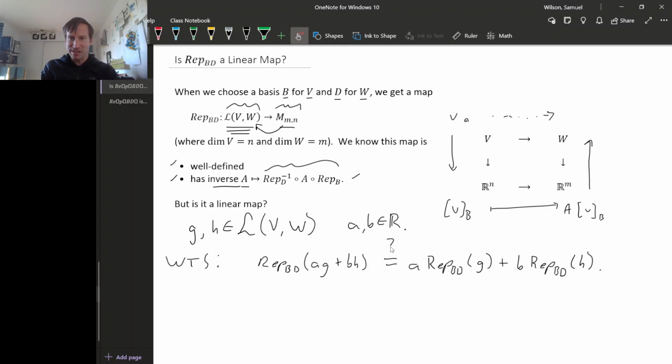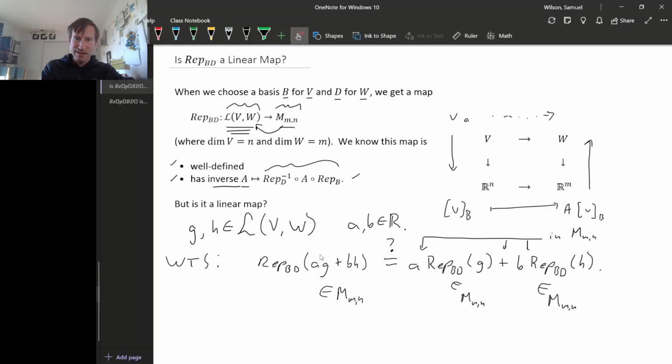We don't know this yet; this is what we're trying to show. Keep in mind that everything here is a matrix. So this matrix is in M m by n, this matrix is in M m by n, and this matrix, rep BD of H, is in M m by n. And so on the right-hand side of this equation, these scalar products and this addition are all happening in M m by n.